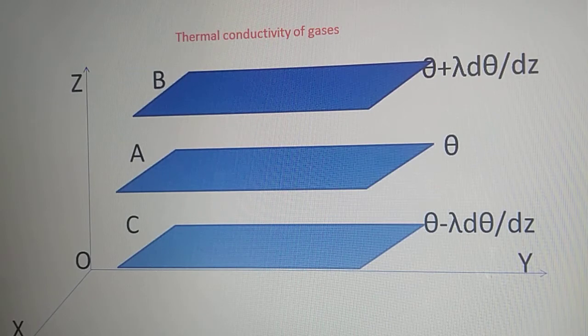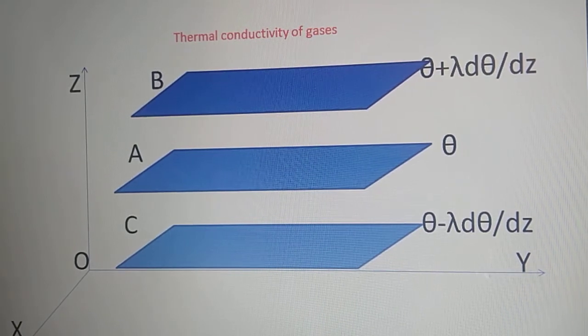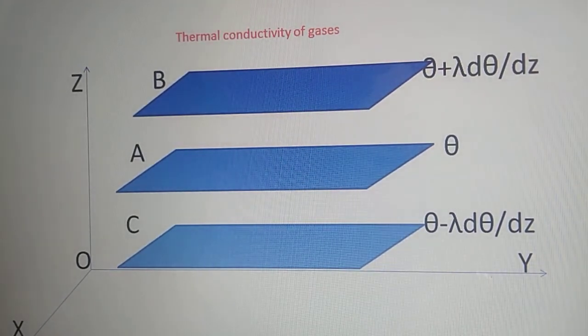Now, to understand thermal conductivity of gases, let us consider three different layers: A, B and C. Layer A is the middle one, layer B is the upper layer, and layer C is the lower layer, right? So all the layers are similar to the earlier one, isn't it?